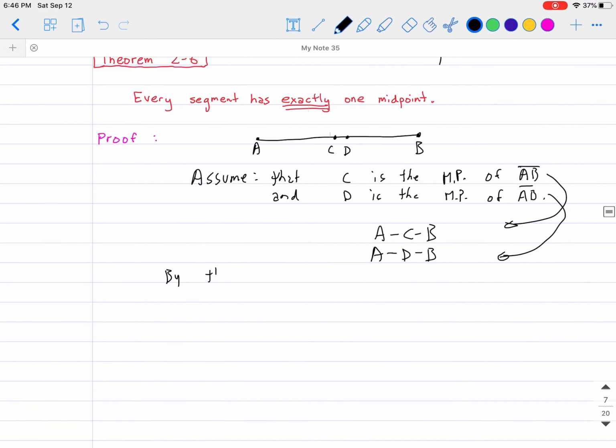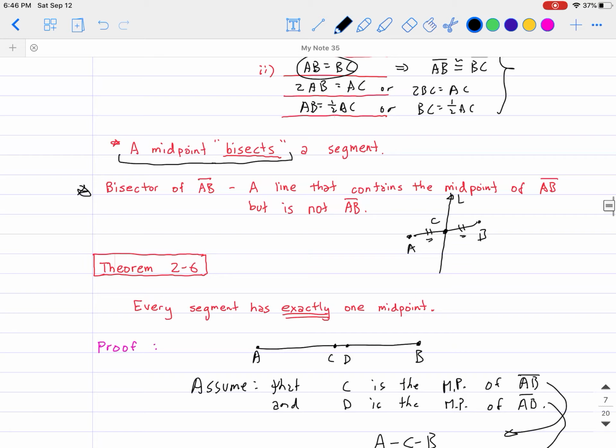By the definition of midpoint, that means that AC is equal to CB, and AD is equal to DB.